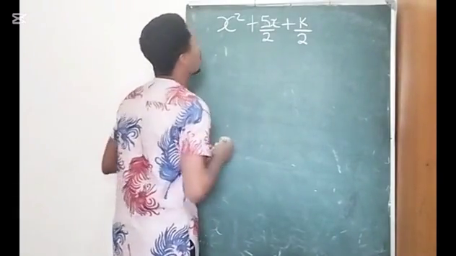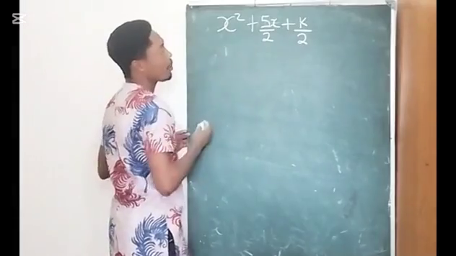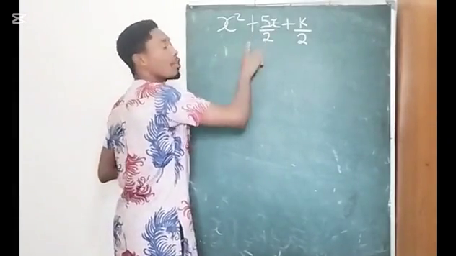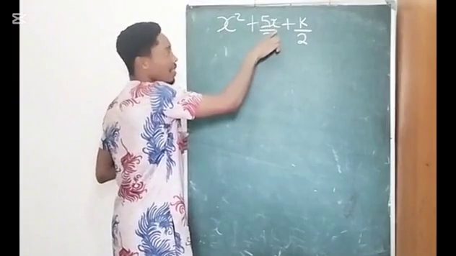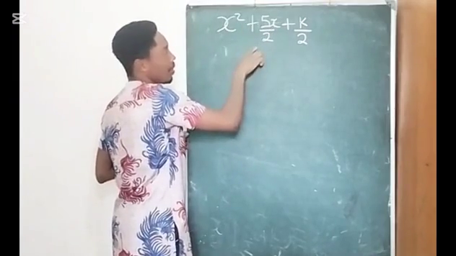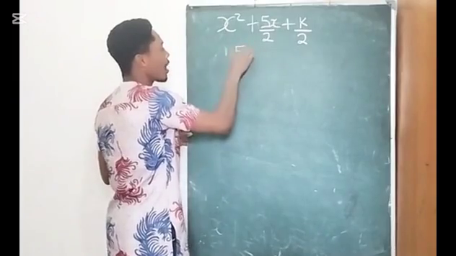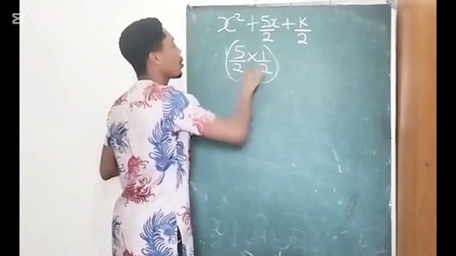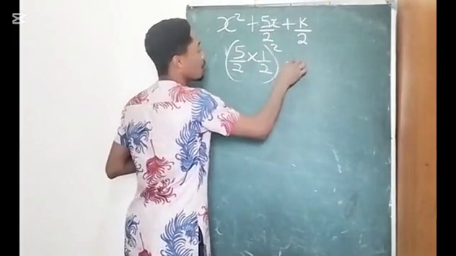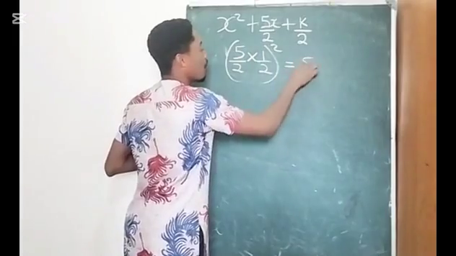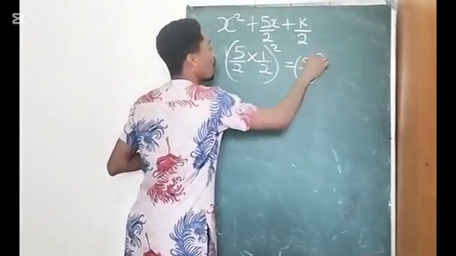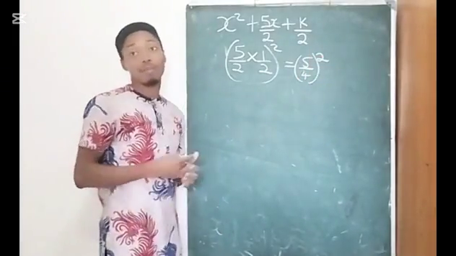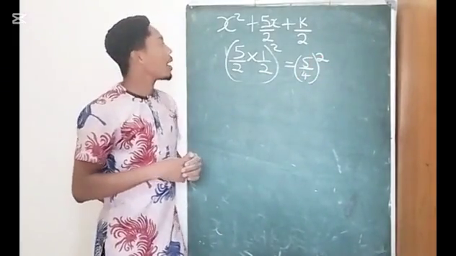From here, the second step is we are going to multiply the coefficient of x by half and square the result. So the coefficient of x is 5 all over 2. We'll multiply it by half and then we'll square the result. This becomes 5 all over 4 all square.